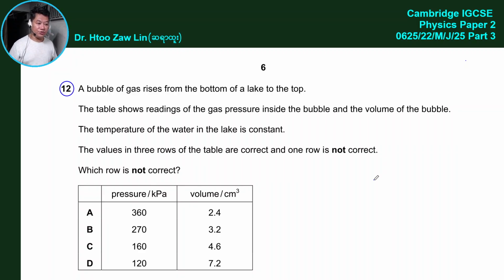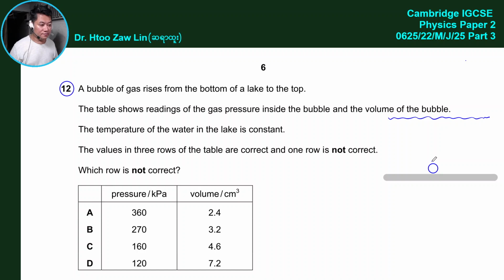So let's draw a schematic diagram first. This is the bottom of the lake, and this is the top surface of the lake. And the bubble of gas is here.